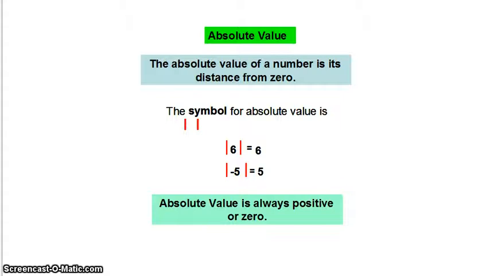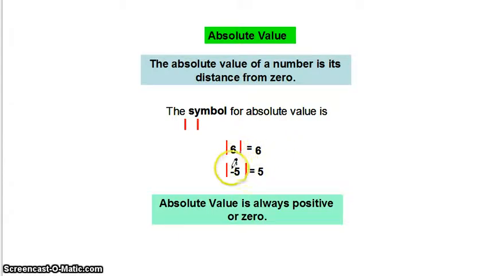So let's talk about absolute value first. Of course, we've got our symbol for absolute value, which looks like two very vertical bars surrounding a number. Absolute value is special because it is just the distance between a number and 0. So if I take the absolute value of 6, I'm asking how far away 6 is from 0. Well, it is 6 places.